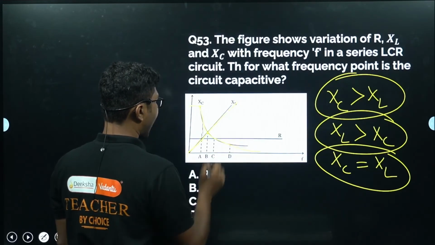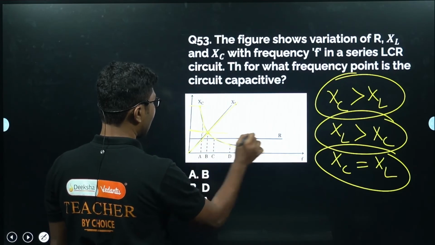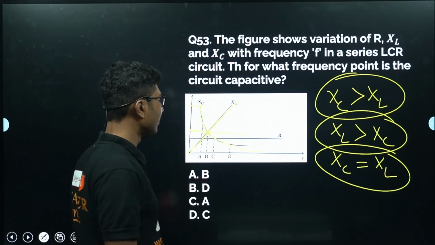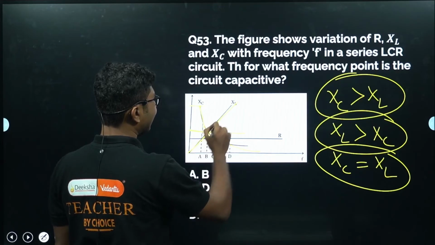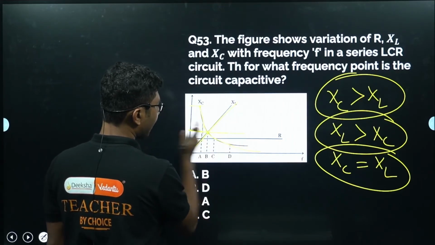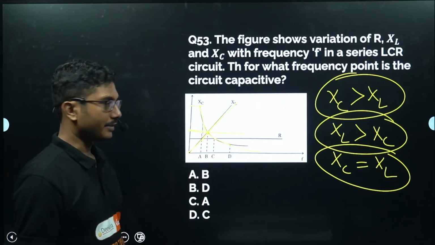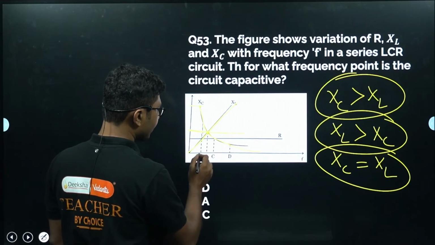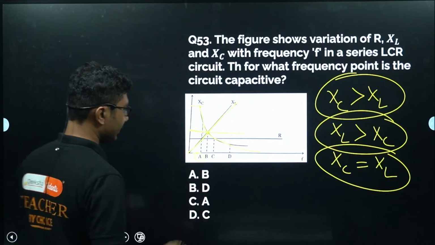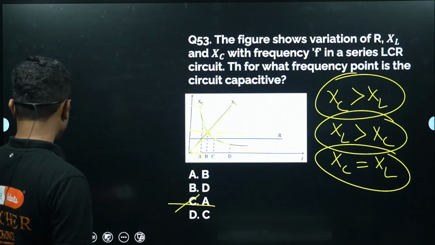At this point they intersect each other, that means they are at resonance. They have equal value, and XL increases from this point on and XC decreases from this point on. So whatever points are on the left hand side of this point are capacitive. From the given options, point A is capacitive. The correct option is option C.